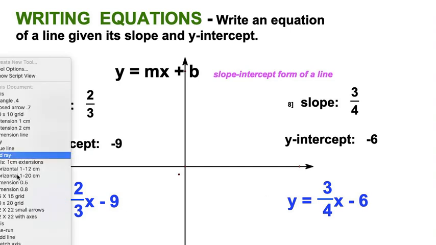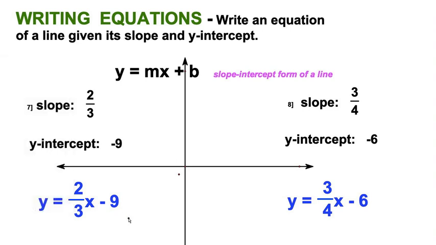So if I were just sketching this, I know that it would look kind of like that, because I have a negative intercept and a positive slope. So just sketching, I think, would look something like that. Both of those.